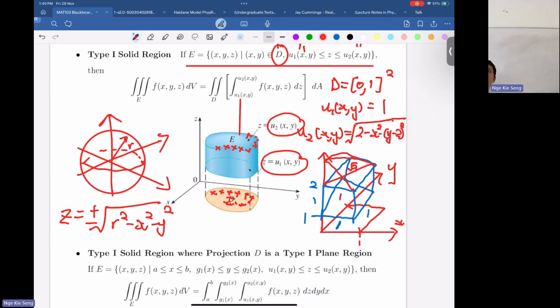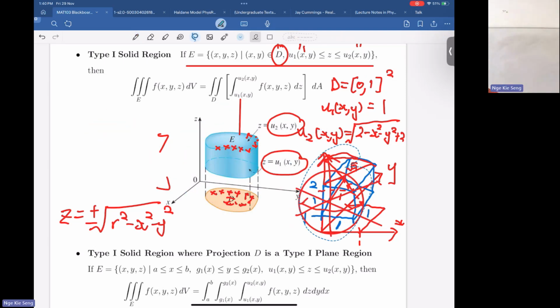Does it work? Oh, z minus 2. So we need the minus outside. We shift it plus 2, right? I shift the sphere up. Can you imagine or not? Actually, I have a sphere like this, but I want to put this sphere on top of this box.